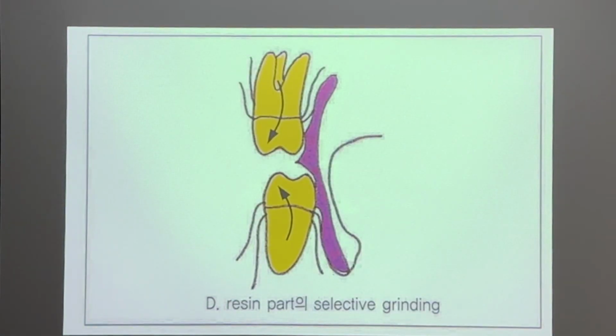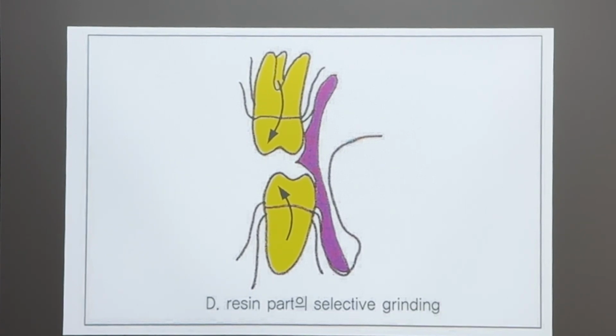So in the buccal area, okay, this is an erupting tooth. But if this tooth is not erupting, if it always finishes the eruption, at that time you need to touch, okay, resin from here to here, okay.